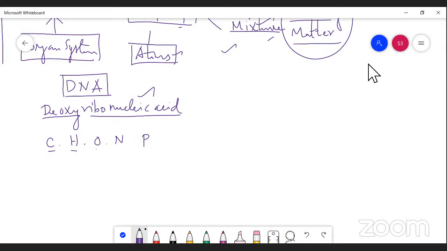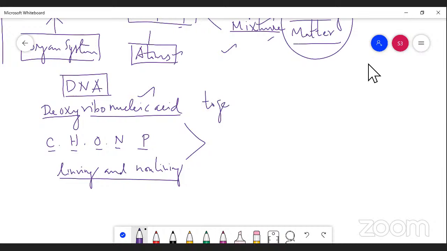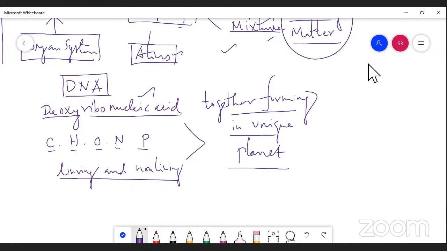Carbon, hydrogen, oxygen, nitrogen, and phosphorus are found in both living and non-living things. They exist together, forming a unique planet.